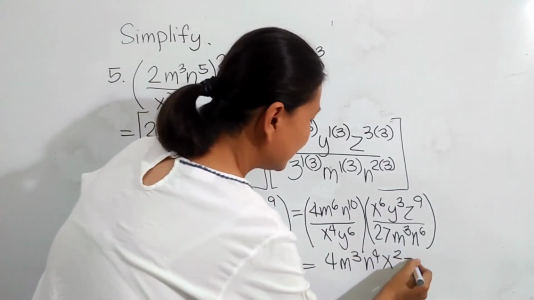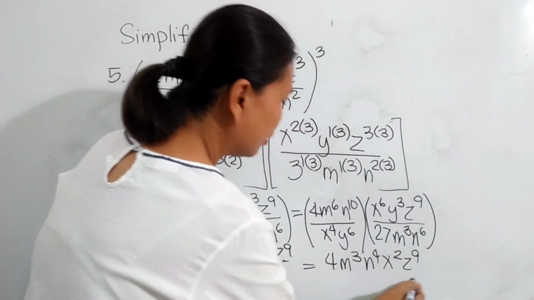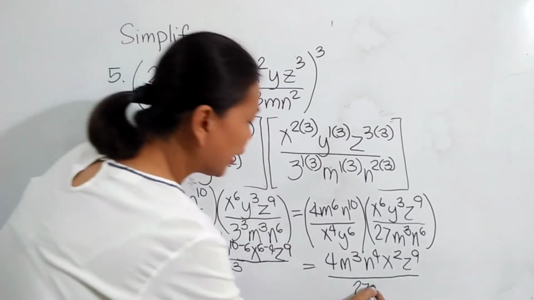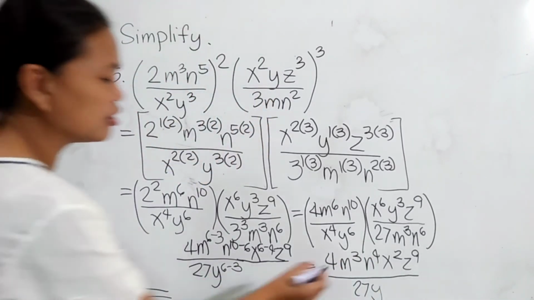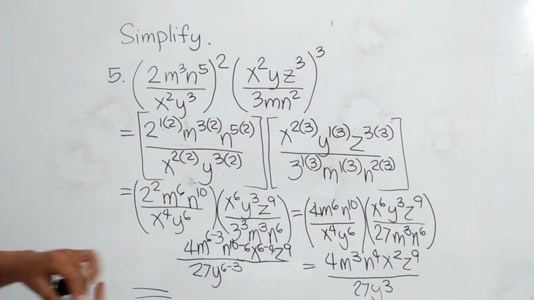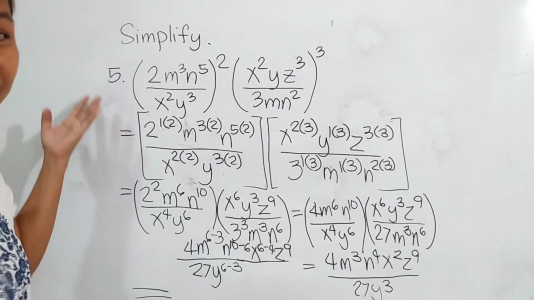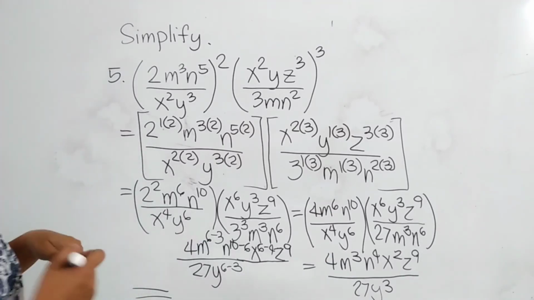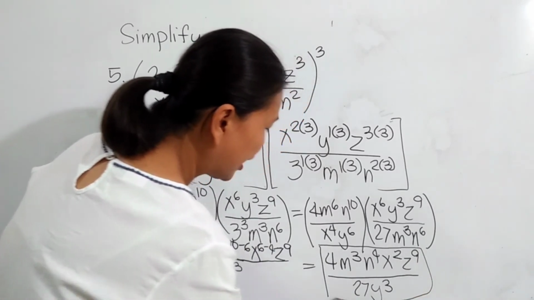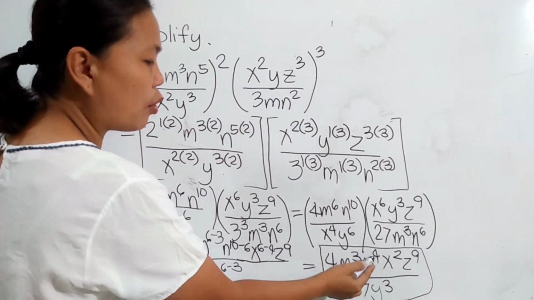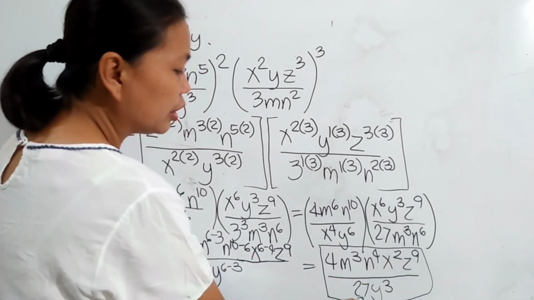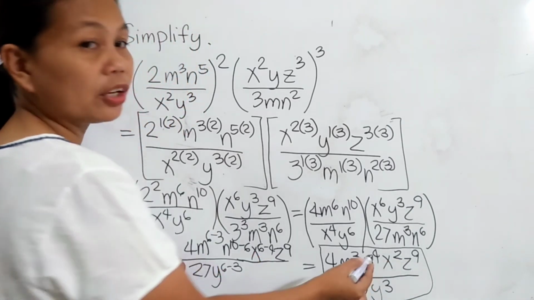Then we just write z raised to 9 over 27 y raised to 6 minus 3, which is 3. So therefore, the simplified form of the given example in number 5 is 4m raised to 3 n raised to 4 x squared z raised to 9 over 27 y cubed.